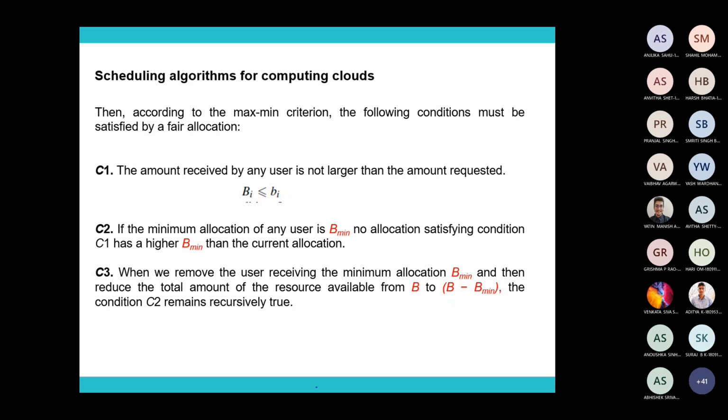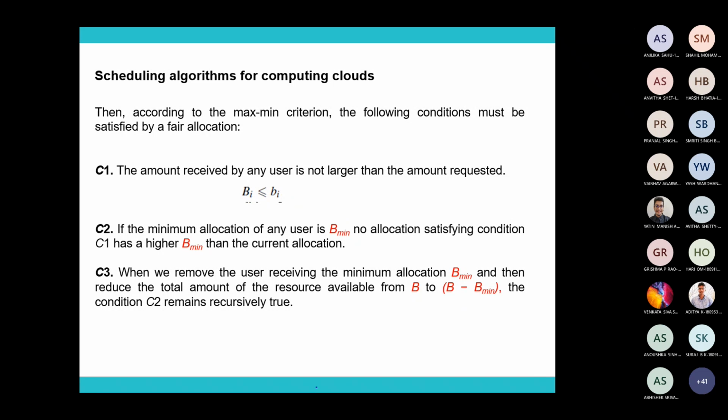According to the max-min criterion, the following conditions must be satisfied by the fair allocation. The first one: the amount received by any user is not larger than the amount requested.